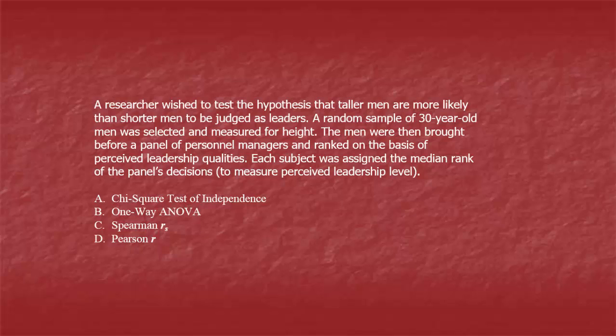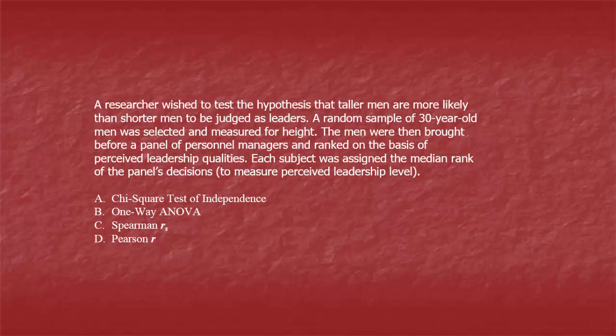And they're trying to see if that rank relates to height. So they measured their height and measured the perceived rank. So they're trying to predict the perceived rank, an ordinal variable, from a continuous variable height. So it's a correlational kind of study.